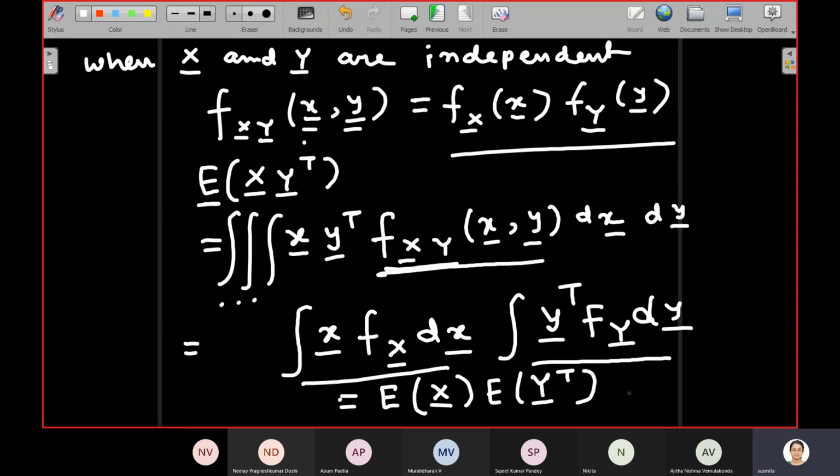So when two random vectors are independent, the expectation of their product is equal to the product of the individual expectations. Here we just have y transpose instead of y. So if you take y as an n-dimensional vector, an n cross 1 vector, y transpose will be a 1 cross n vector.